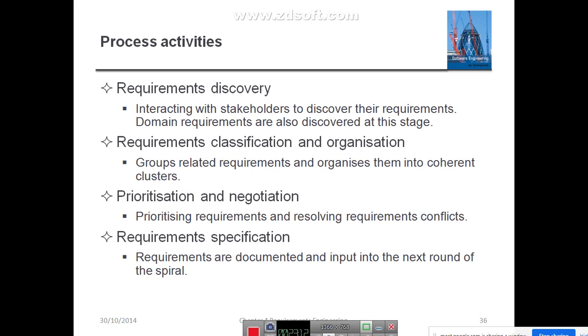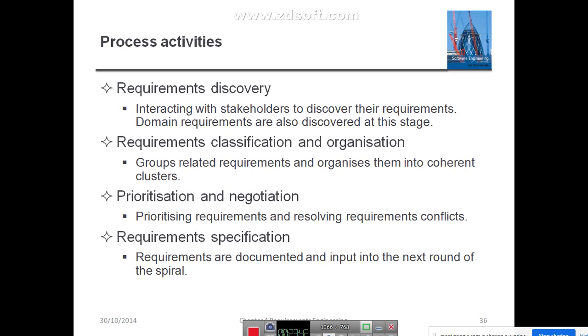Yes? Now we will see what exactly requirement discovery indicates. Interacting with the stakeholders to discover their requirements. Domain requirements are also discovered at this stage. Along with interacting with the stakeholders, you are going to discover the requirements for your system development.